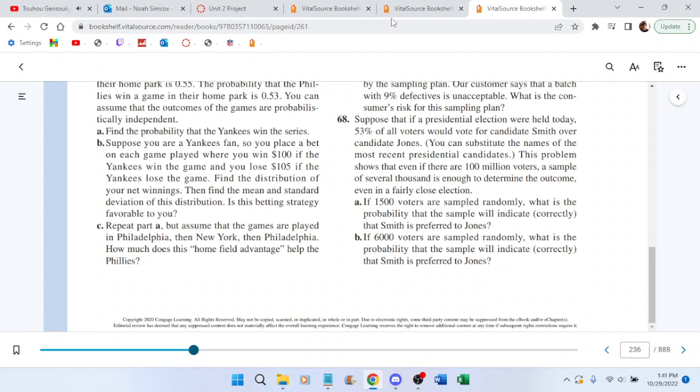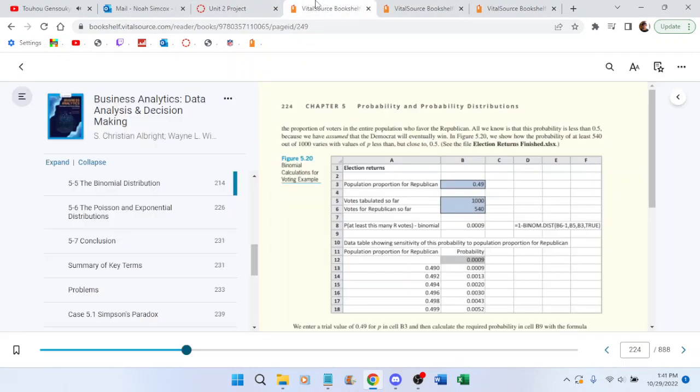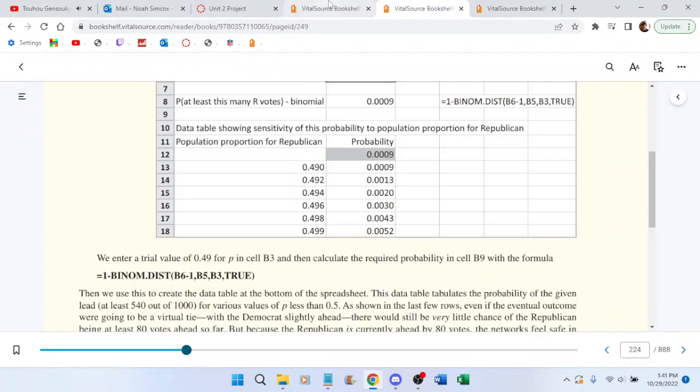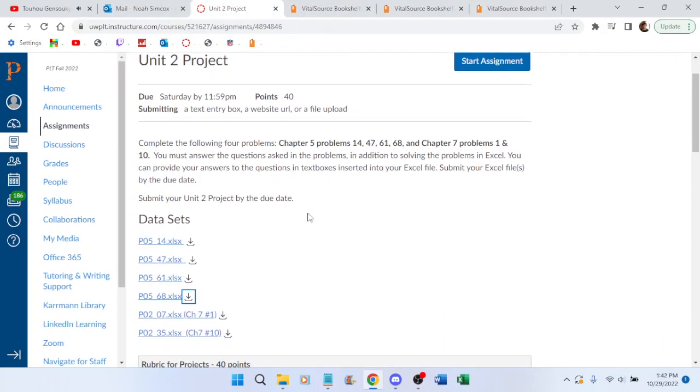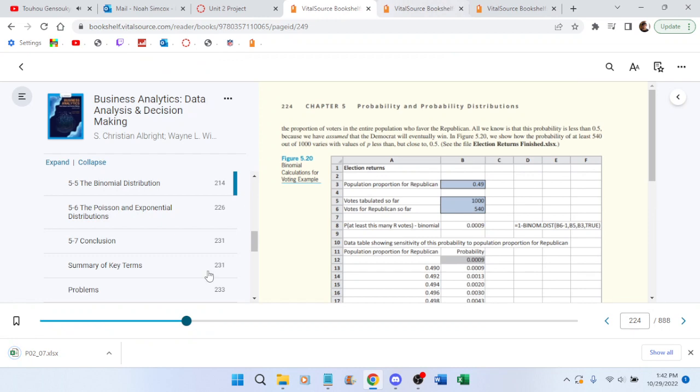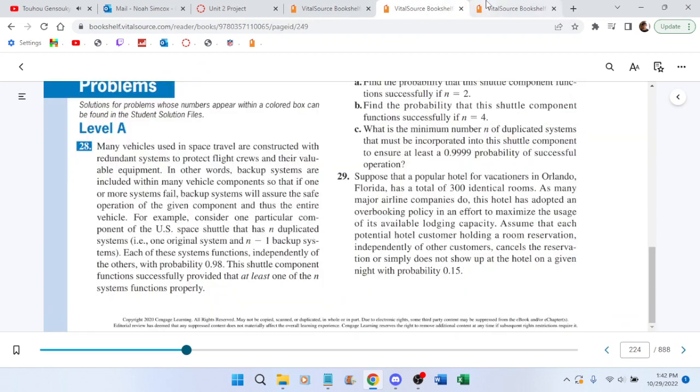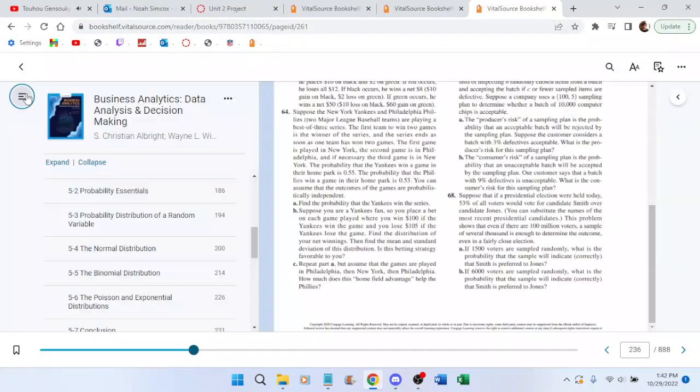Now, technically, the last two should be easy, right? The last two should be easy because they're from chapter 7, which I already did. Hopefully I shouldn't need to even look at the textbook because I already did these.